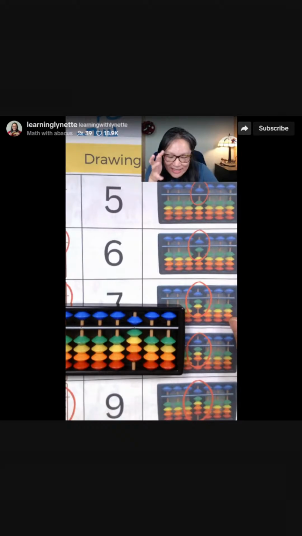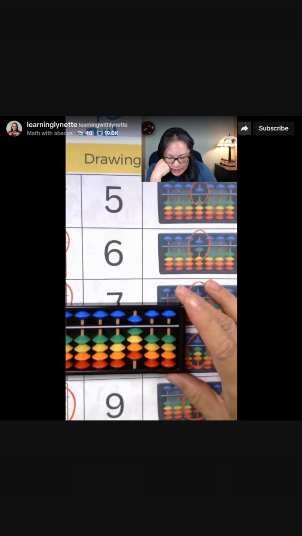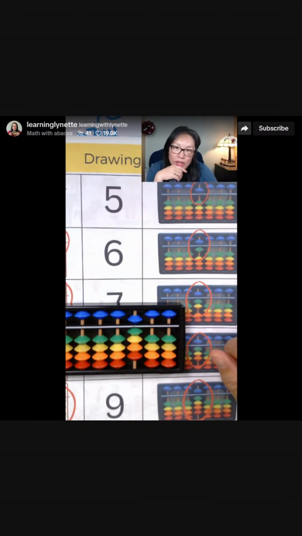I learned the abacus when I was 30, and then I've been teaching for about 20 years. That's how old I am. And I noticed that it was the greatest thing next to sliced bread. I taught my boys, I have 3 boys, and they all know how to use the abacus. And I do feel like it really provides a strong number sense.